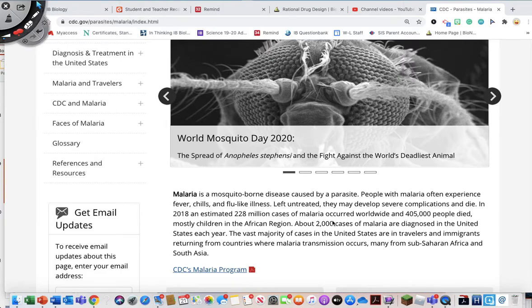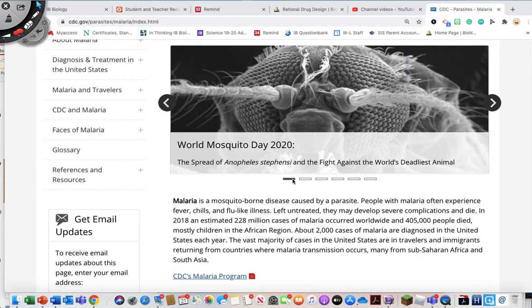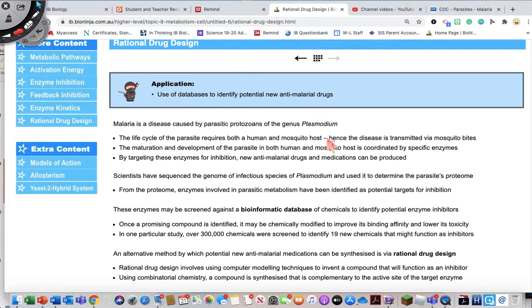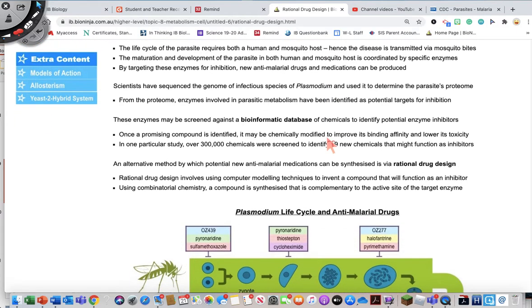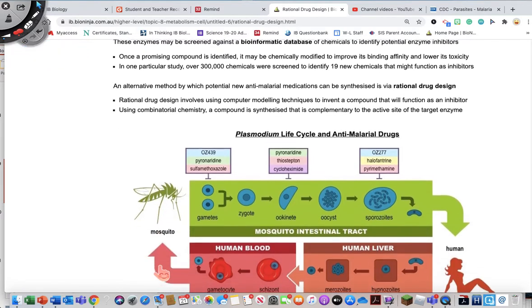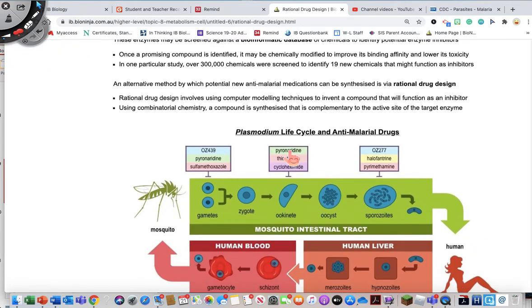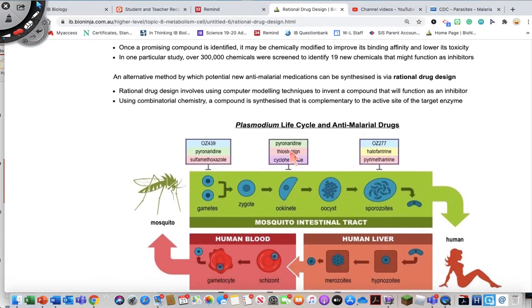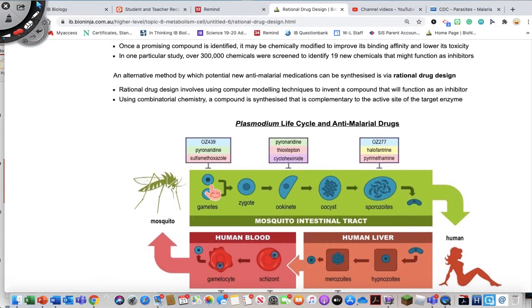There are good drugs to prevent and fight malaria, although if you don't have access to these drugs, you could potentially die from malaria. So we're going to talk a little bit about how the Plasmodium uses the mosquito as a host and uses a human as a host to develop. We're also going to see what happens in that development.